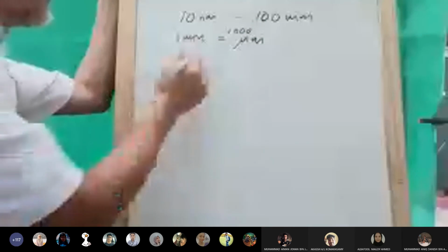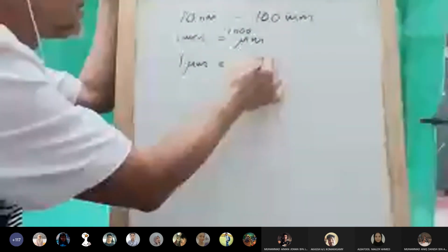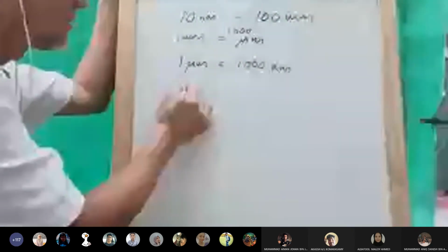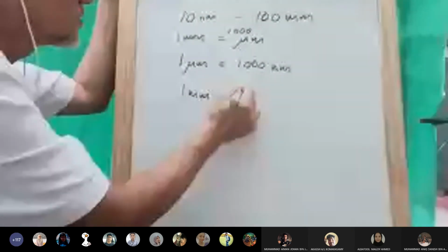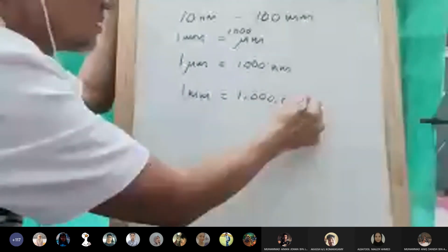Usually it is 1000, right? Then 1 micrometer will be equal to 1000 nanometer, which means that 1 millimeter will be equal to 1 million nanometer. Still okay?